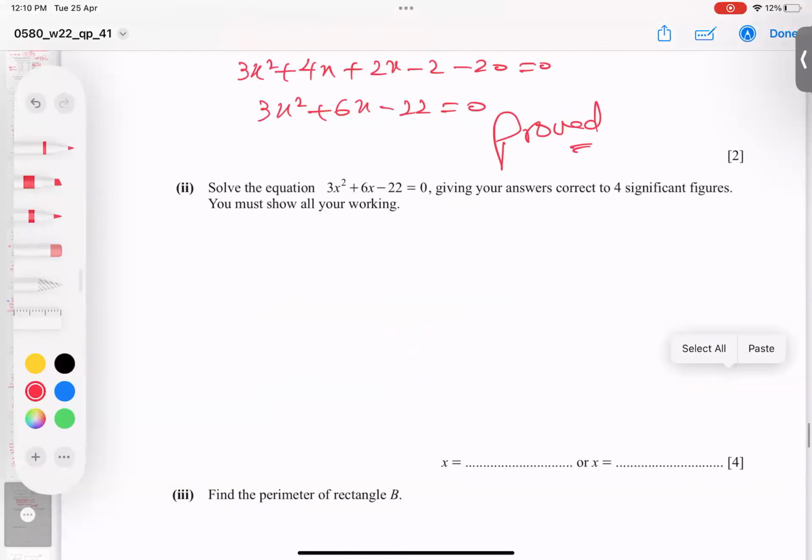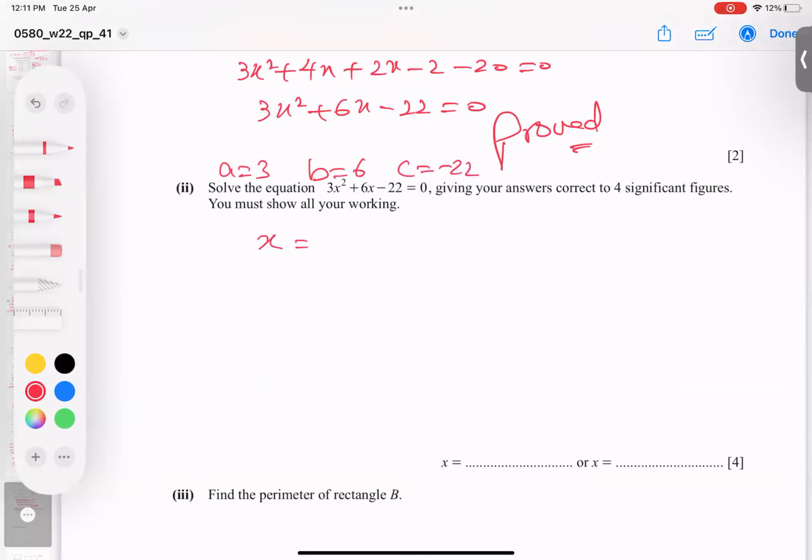Solve this equation in 4 decimal places. Whenever decimal places come with significant figures, most probably it is a quadratic formula. And what are the values, students? A value is 3, B value is 6, and C value is minus 22.